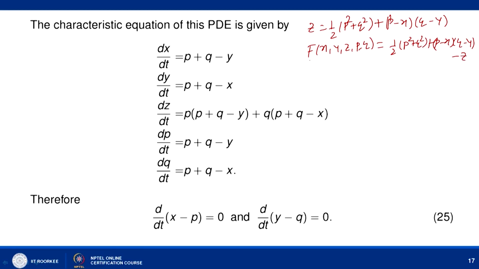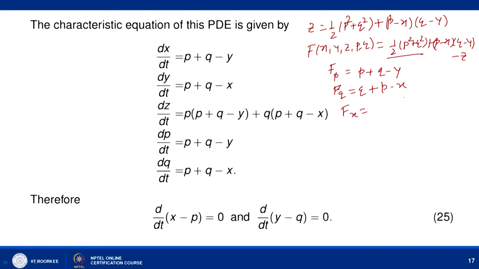Now what is F p? Differentiating, we get p plus (q minus y). That is F p. Similarly F q is q plus (p minus x), and F p you can easily calculate. Now what is F x?